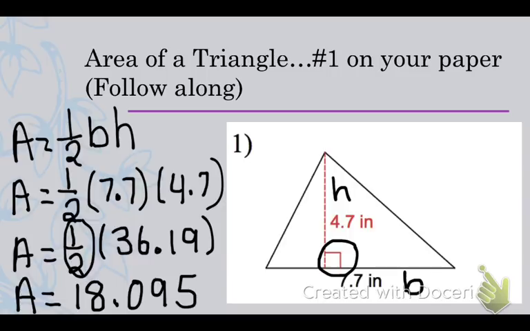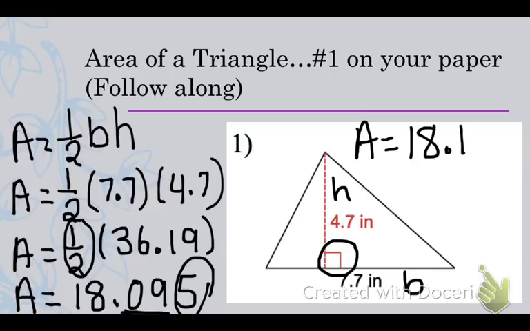However, we want to round to 2 decimal places. So the 5 tells us that 5 or more raise the score. So we have to raise the 9 to a 10. So our final answer, which I'm going to write over here, is A equals 18.10 and then inches squared.